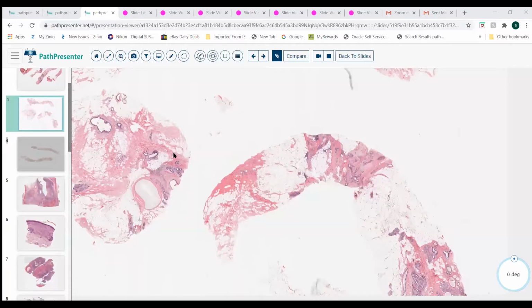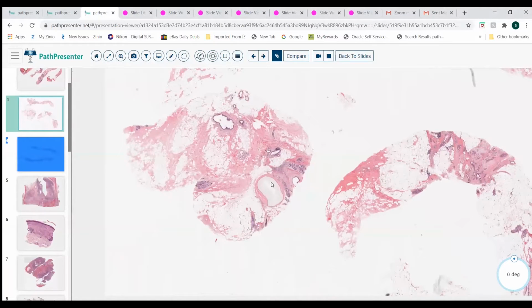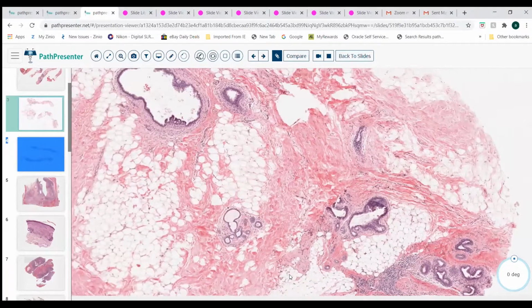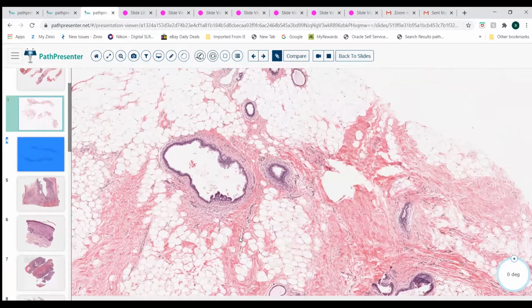This is another case that I also got from the Path Presenter website. One of the good news about these meetings, now and in the future, is that I contacted the Leeds virtual histopathology website, which I'm sure you all use, and they granted us permission to use it for this teaching.